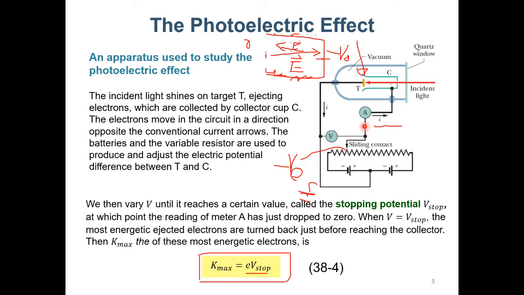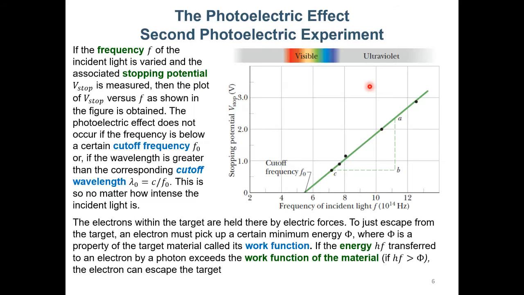It means that when we make this point and this point have the same potential, the frequency of the incident light that can barely produce the photoelectric effect is called f0, the cutoff frequency.